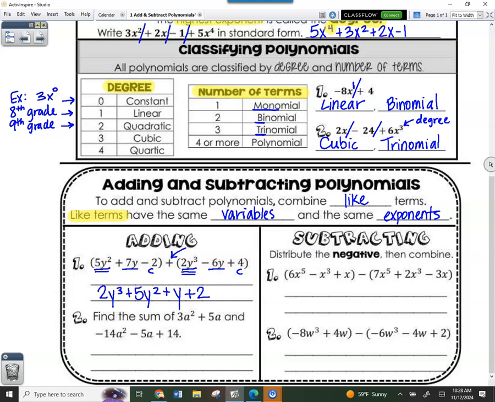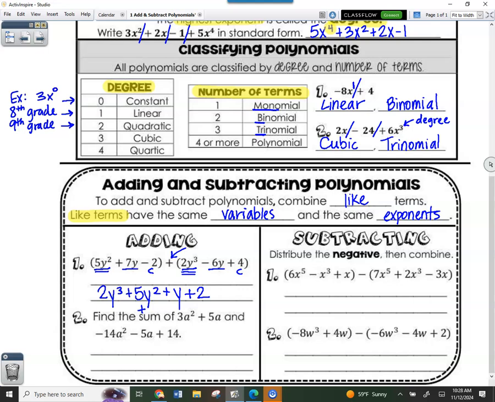Now, another way you might see it presented is written out as a sentence. Find the sum of 3a squared plus 5a and negative 14a squared minus 5a plus 14. If it's written out like a sentence, first of all, you need to know sum means what? Add. Total, same thing. A second way to write it is you could stack them and line them up under the ones they go with.